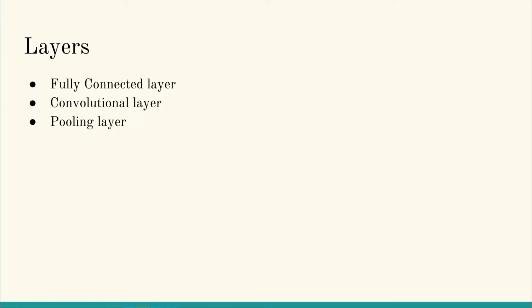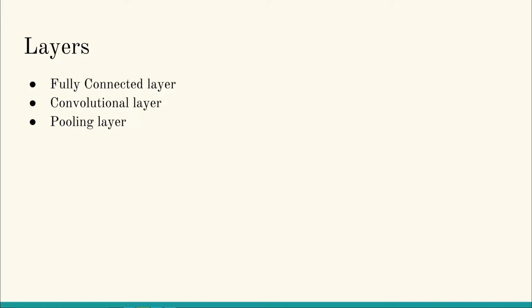Hello, welcome back. Today we are seeing the different kinds of layers that we will find in a deep neural network. Firstly, we have the fully connected layer, then the convolutional layer and the pooling layer. The first one is used in every single application of artificial intelligence.